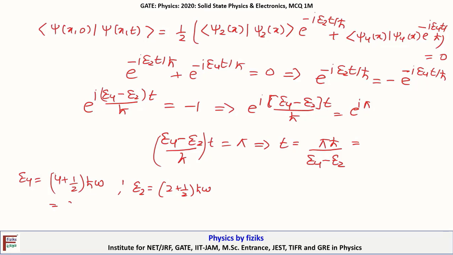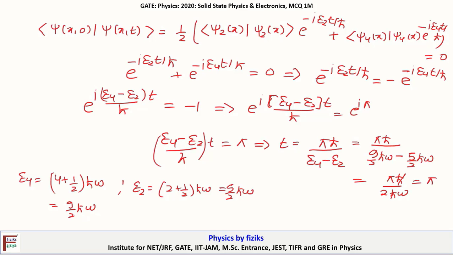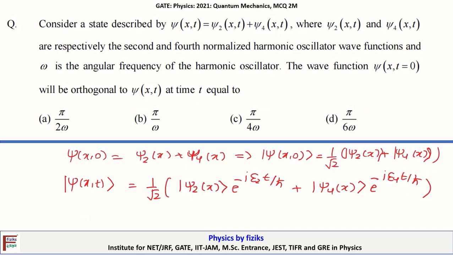That means E4 is 9 by 2 h cut omega and E2 is 5 by 2 h cut omega. So pi h cut divided by (9 by 2 h cut omega minus 5 by 2 h cut omega) gives us pi h cut by 2 h cut omega, and so the result will be pi by 2 omega. Option A would be correct for this problem.